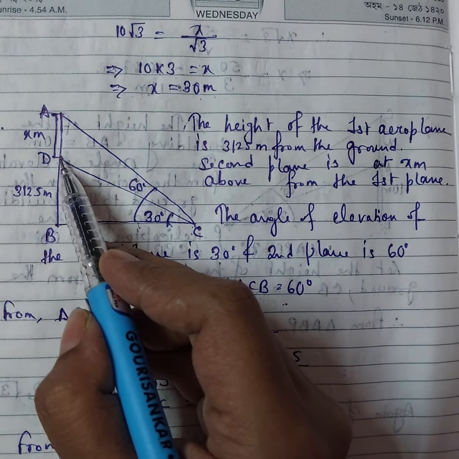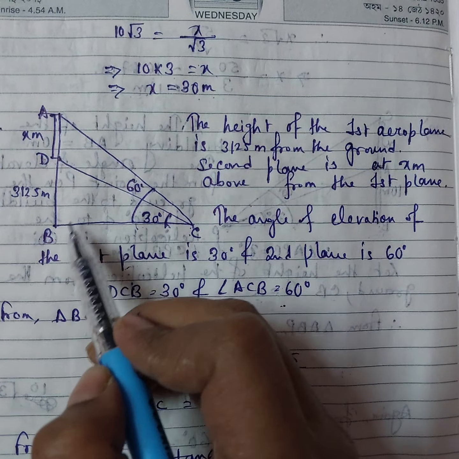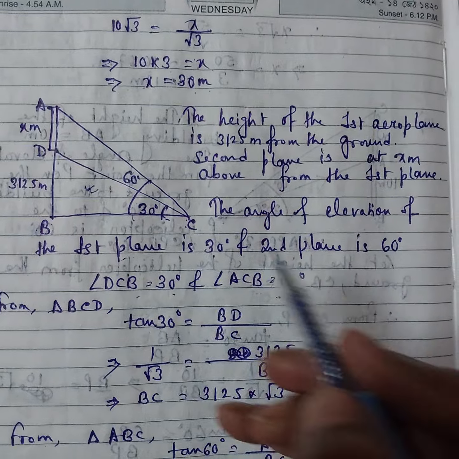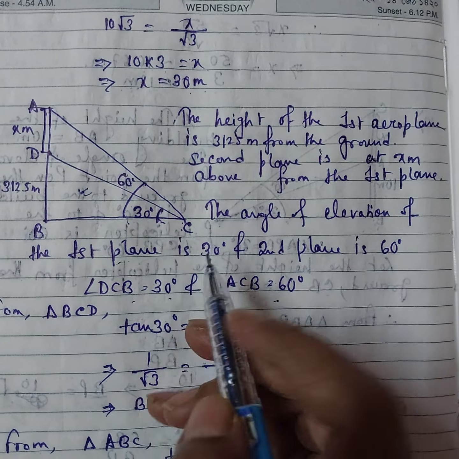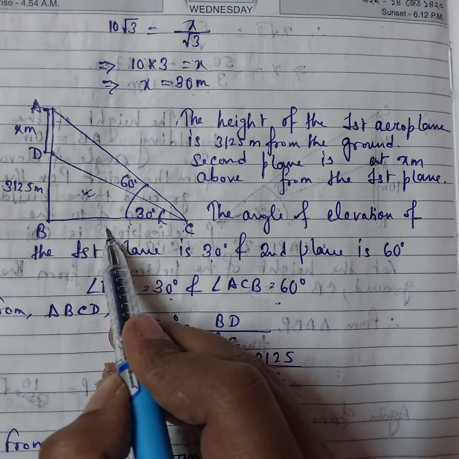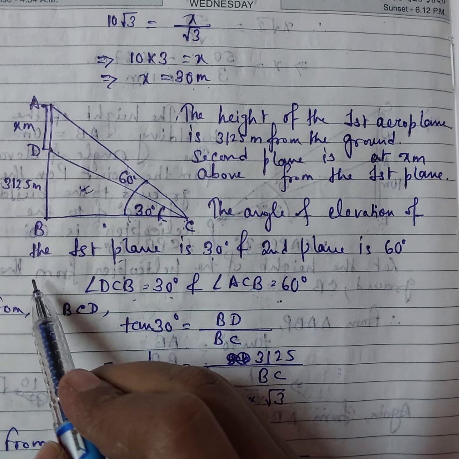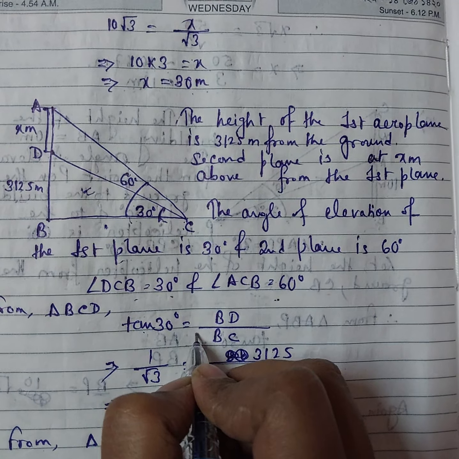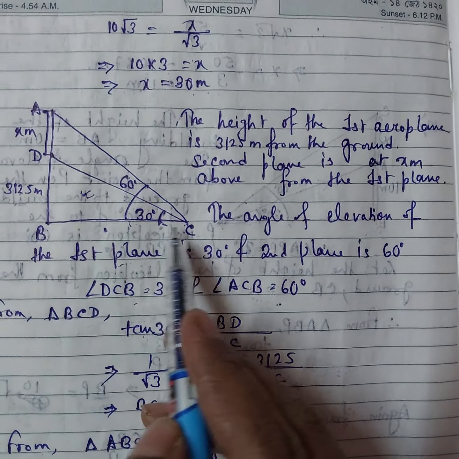Now see from triangle BCD, theta is given, that is 30 degree, and the perpendicular is given. You can find the base, so you can take the tan identity. So tan theta is equal to BD by BC.